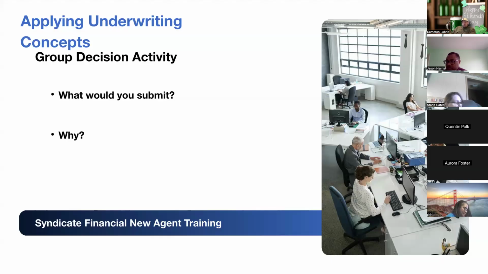Well, she wouldn't be eligible for a term because she's got type 1 diabetes, right? So you'd almost have to do the final expense for her. Yeah, that's what I saw too.